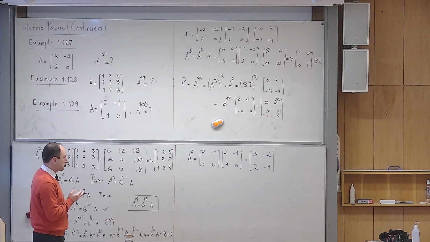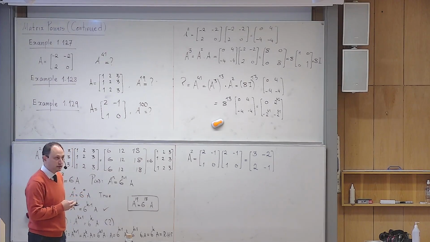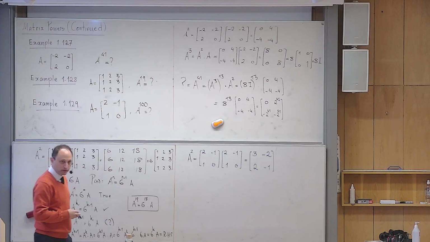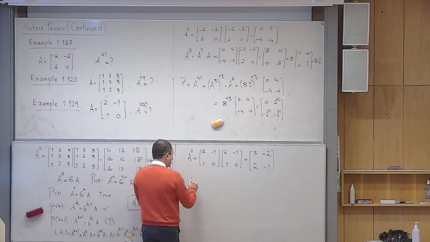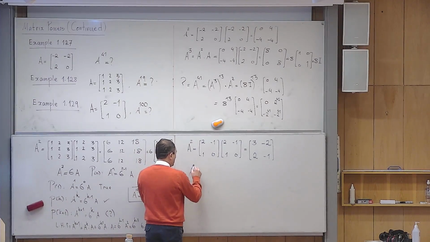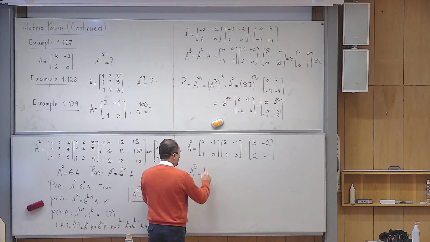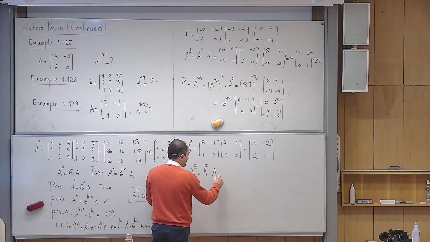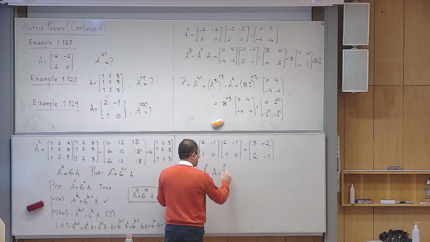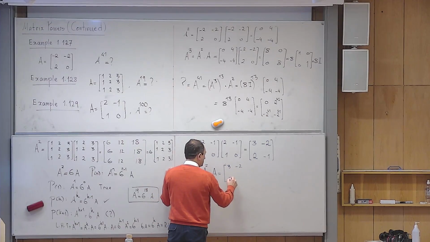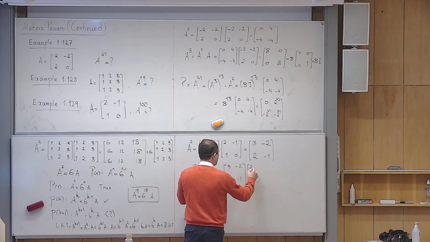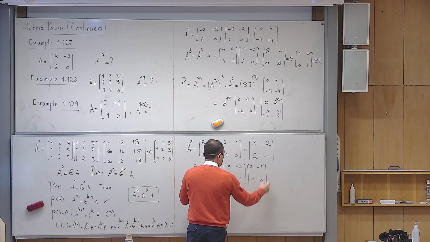But apparently it doesn't seem very promising now. Do you see any idea? But let's calculate the next one. The next one might reveal some kind of pattern, I don't know. I can interpret this as a times a squared or a squared times a, it doesn't matter in this case. So I take 3, minus 2, 2, minus 1, and multiply it once more by my original matrix, 2, minus 1, 1, 0.